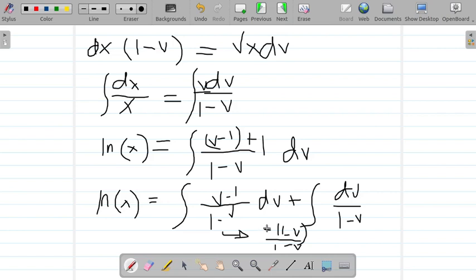So, kung ato ni substitute ang negative 1, so mura ni negative 1. Negative times negative is positive, so muning positive v. So, i-equate nato na siya, mahimura na siyang 1. So, negative 1 dv. So, integral of negative 1 dv is just equals to negative v. Plus, integral of dv over 1 minus v is just equals to ln of 1 minus v. Then, plus c.